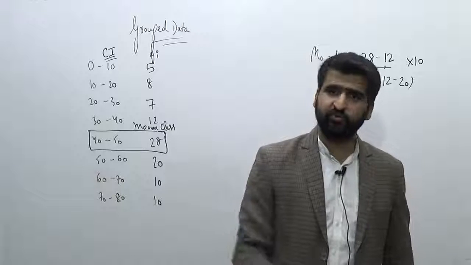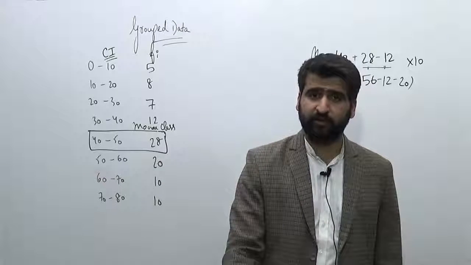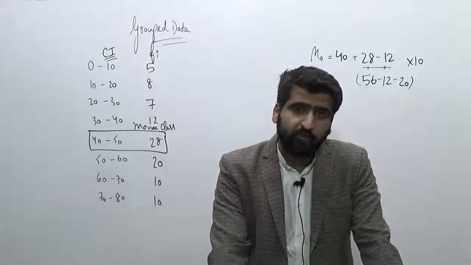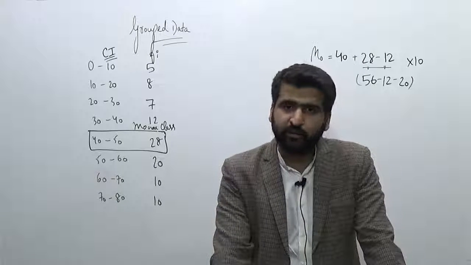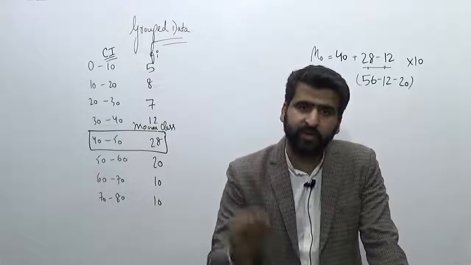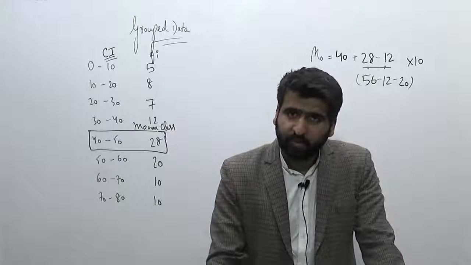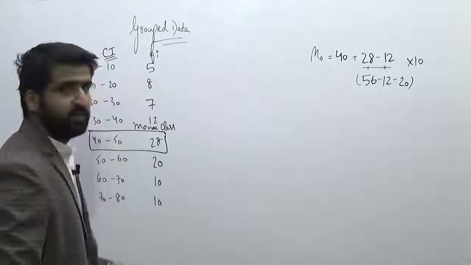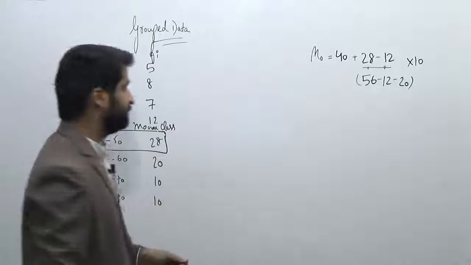Likewise, in the case of median, we used to find the median class. How did we find the median class? By dividing the total frequency by 2, n by 2, and then finding out where it lies. In this case we found the class with the maximum frequency, which is 28 over here.